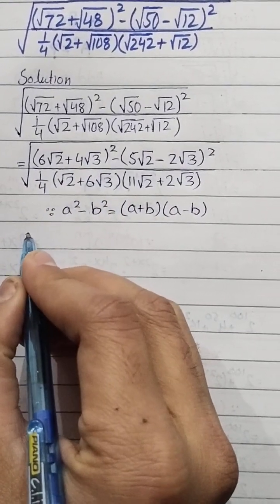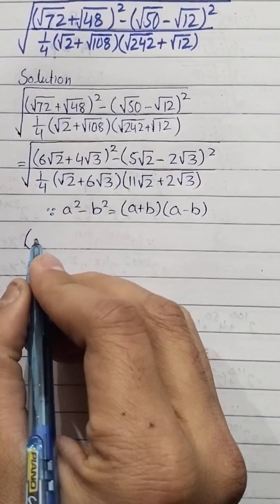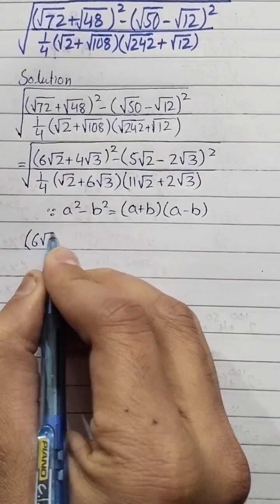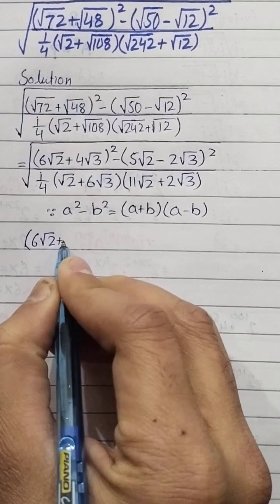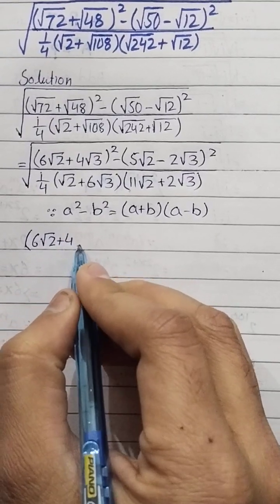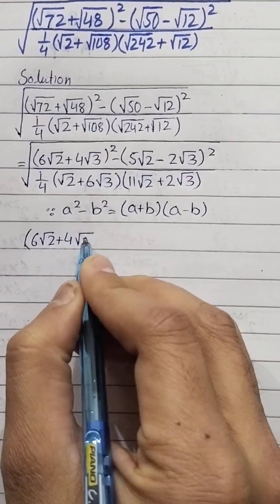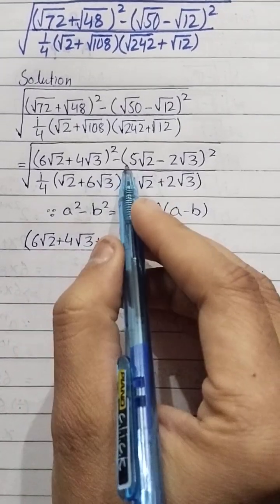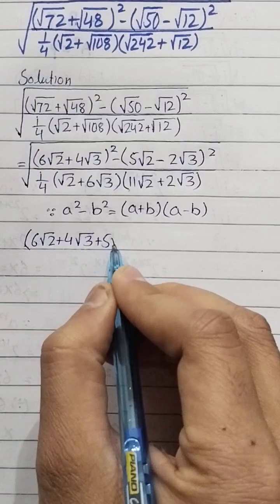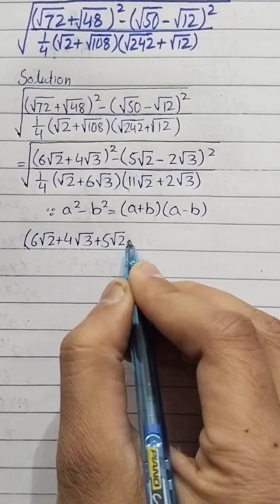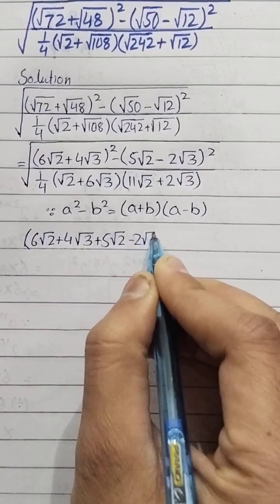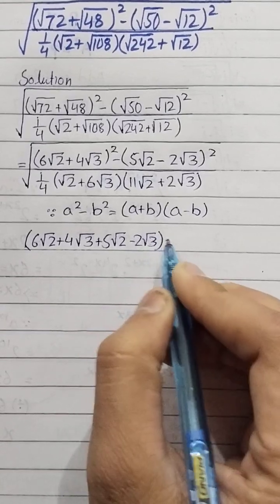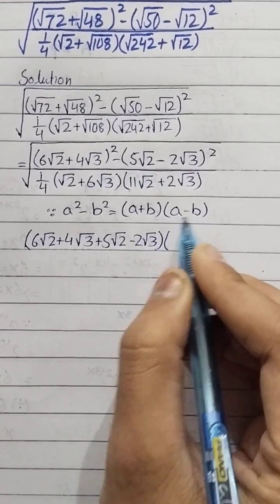So we will write 6 under root 2 plus 4 under root 3 plus 5 under root 2 minus 2 under root 3, times a minus b.